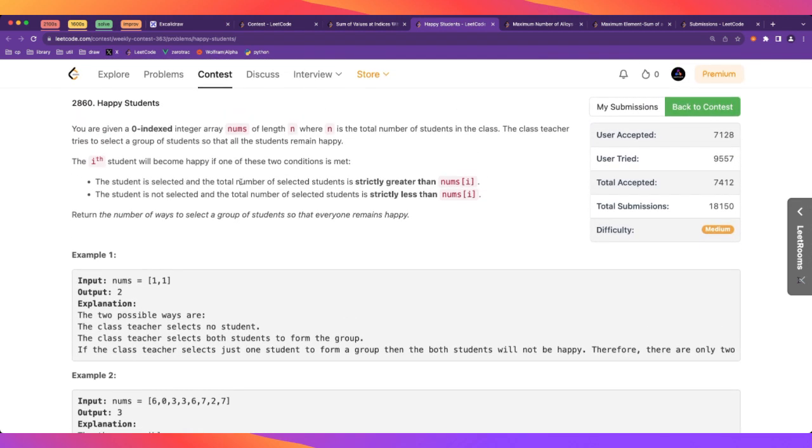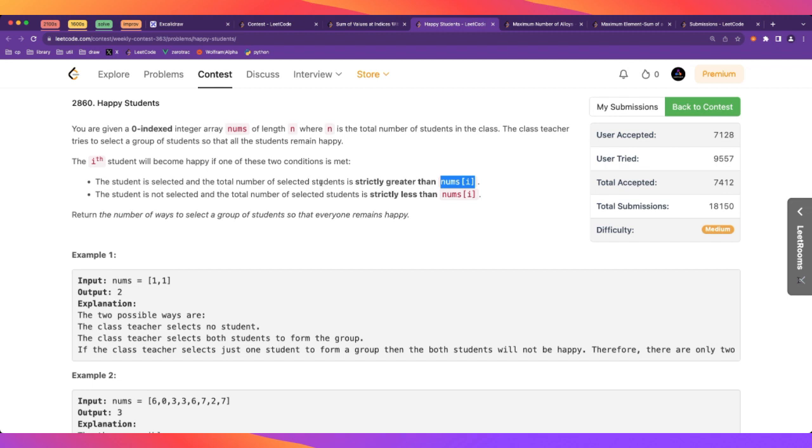So that means that here the total number of selected students has to be strictly greater than nums of I if the student is selected.